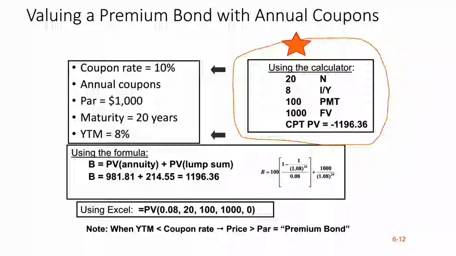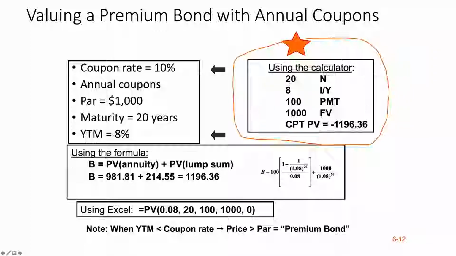When the coupon rate is equal to yield to maturity, then we have a par bond. So when the coupon rate is higher than yield to maturity, we have a premium bond. When the coupon rate is below yield to maturity, we have a discount bond. When the coupon rate equals yield to maturity, we have a par bond.